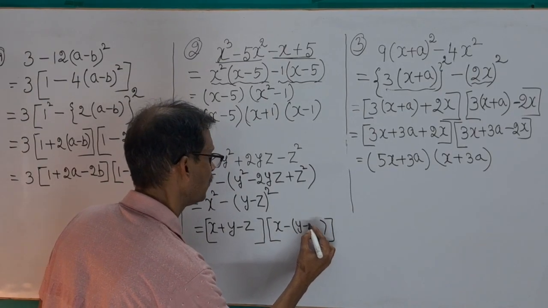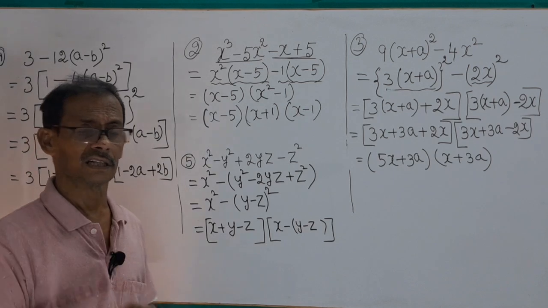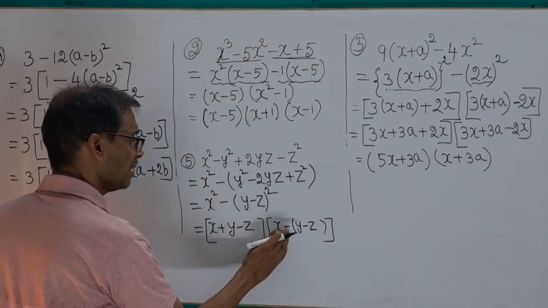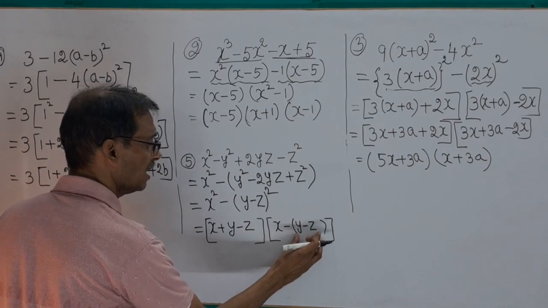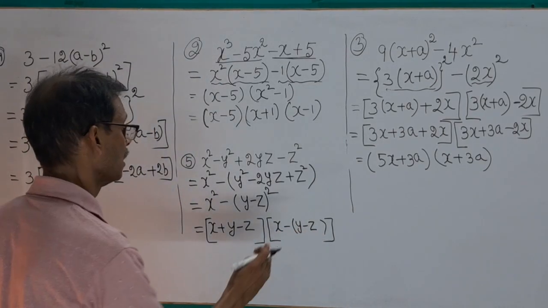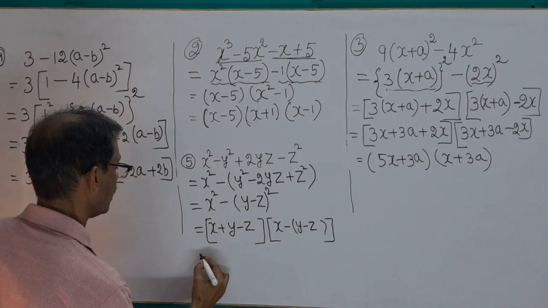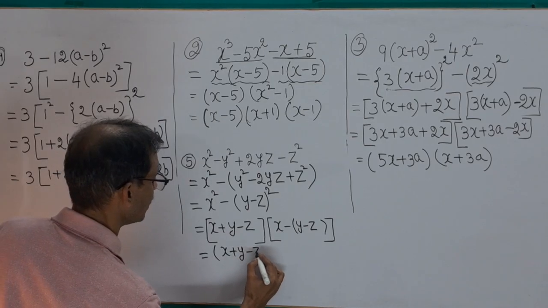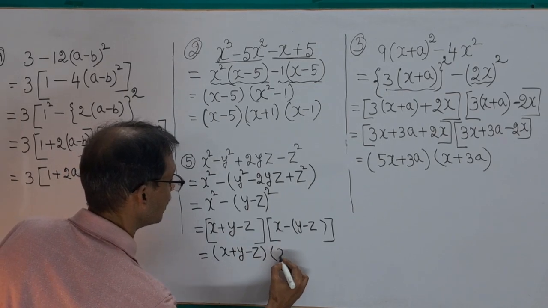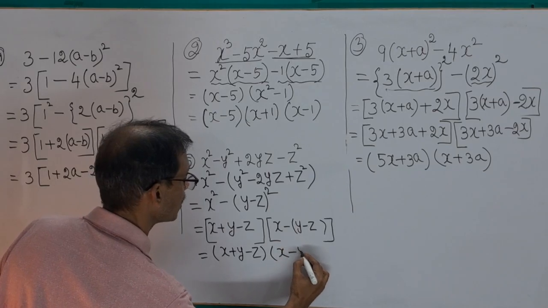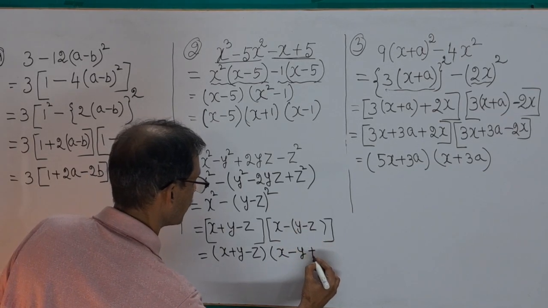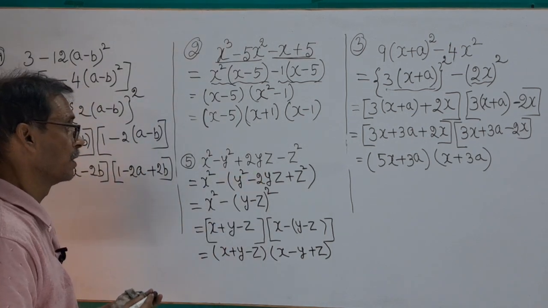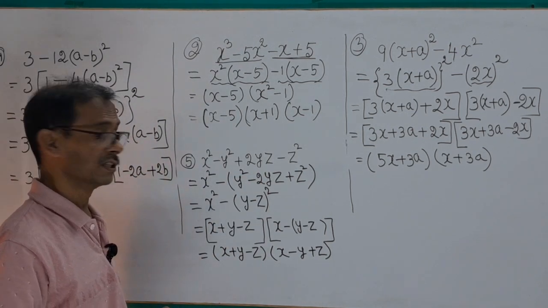If you don't put it inside a bracket, certainly there are chances to make a mistake. Whenever you are giving minus, please put a bracket after the minus. So here x plus y minus z, and it is x minus y, and minus into minus plus z. So this is the factorization of x square minus y square plus 2yz minus z square.